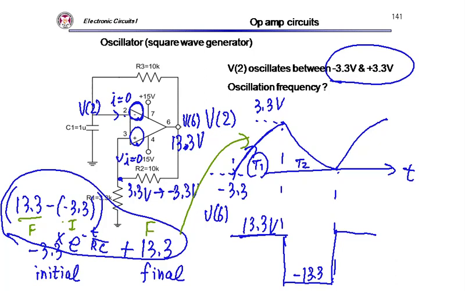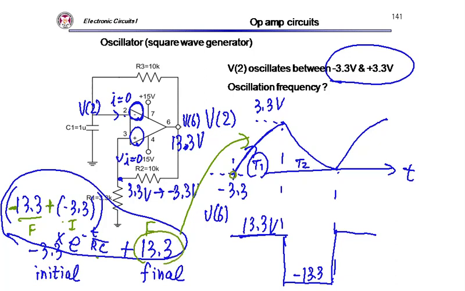Oh, it's just slightly wrong, right? This equals 0. Oh, the other way around. The other way around, right? So if t equals 0, I will get this initial value. If t equals infinite, I must get this final value, right?